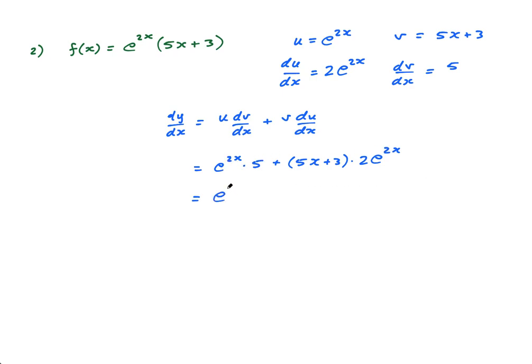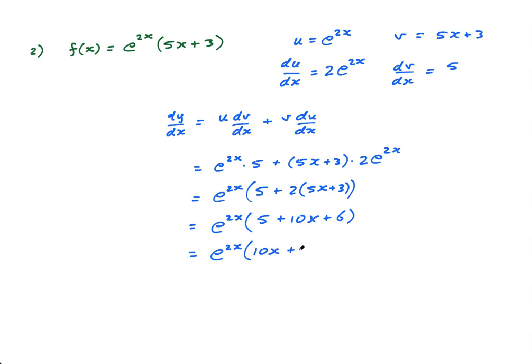I'm going to take out the e to the 2x because there's an e to the 2x in this term and an e to the 2x in this term, and I'm left with a 5 here, and I'm left with 2 times 5x plus 3 here. 2 times 5x plus 3, close the bracket, e to the 2x times 5 plus 10x, because 2 times 5x is 10x, plus 6, and then finally e to the 2x times 10x plus 11.